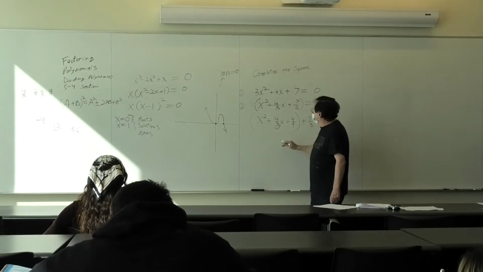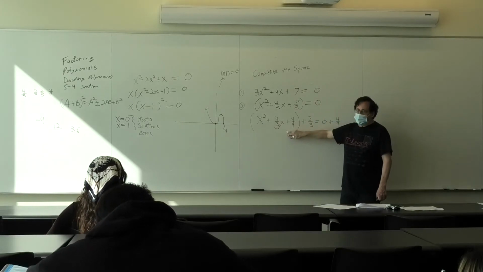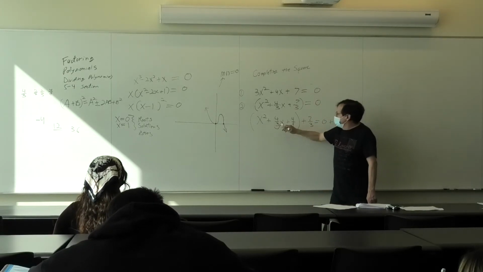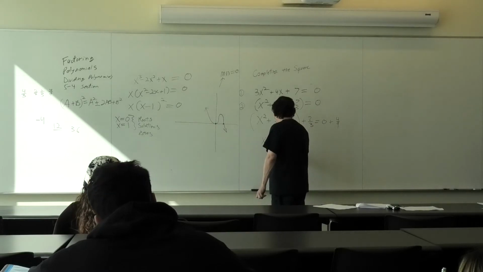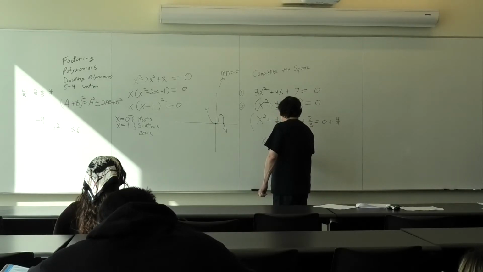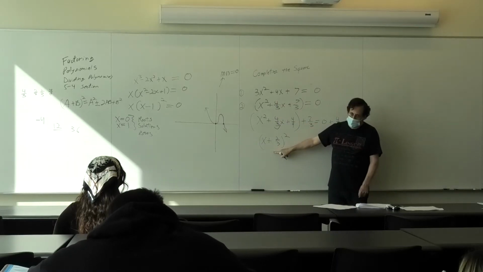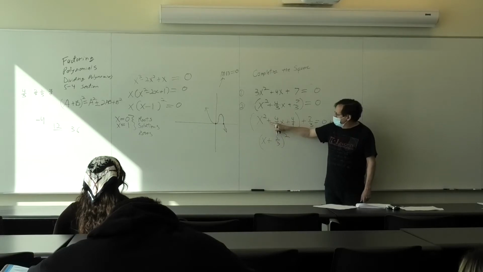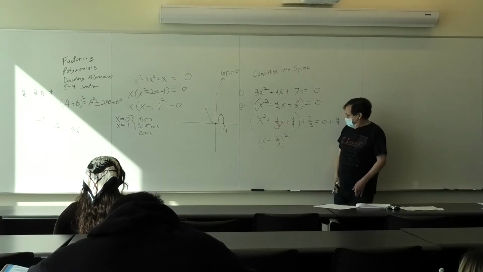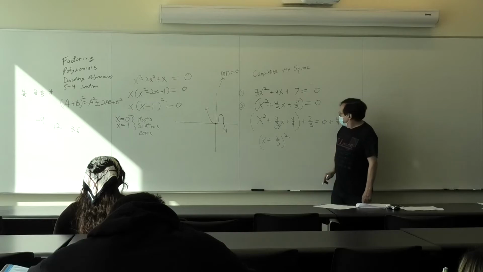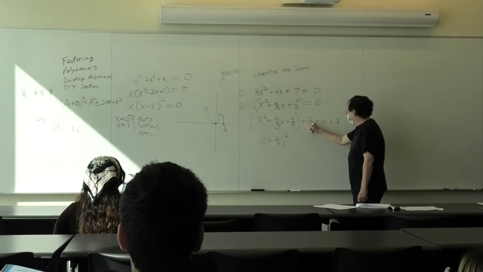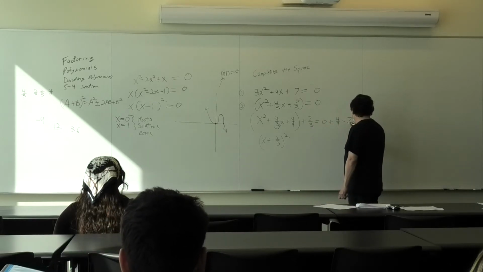Now we have our perfect square. We've completed it. So we know that this is x plus 2/3 squared. Again, this is the a squared plus 2ab plus b squared. Could have a minus, and then we have a minus here. I want to subtract 7/3 from both sides.